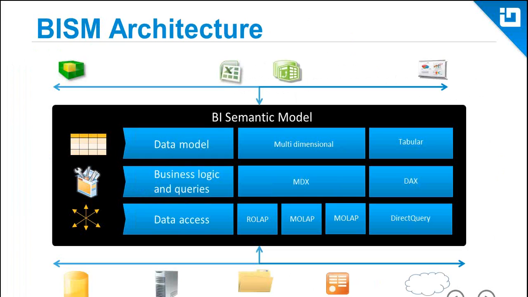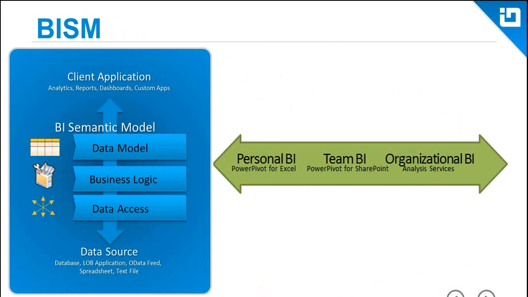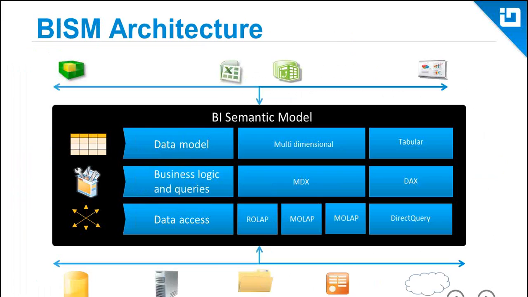So here you can probably get a clear picture of what really is happening. If you see the previous one, I just mentioned data model, business logic, and data access. Here you can see that in the data model there are many different ways you can model your data, whether it's for multidimensional or a tabular approach.